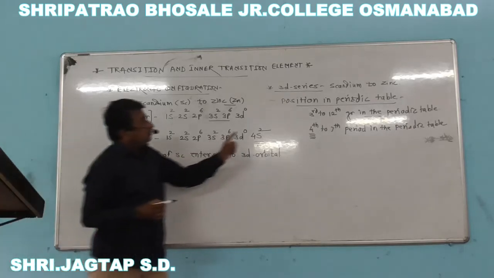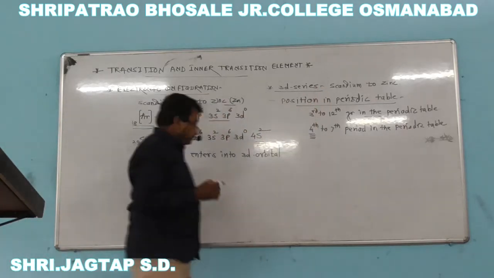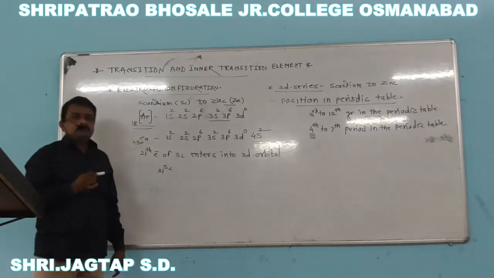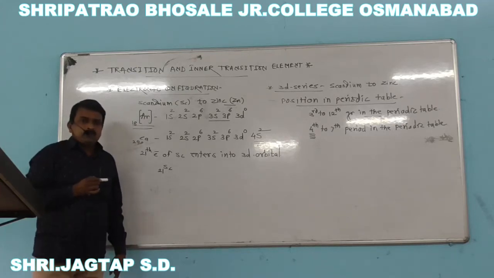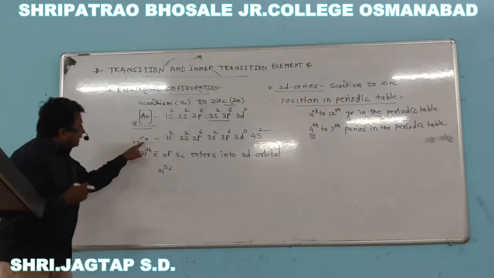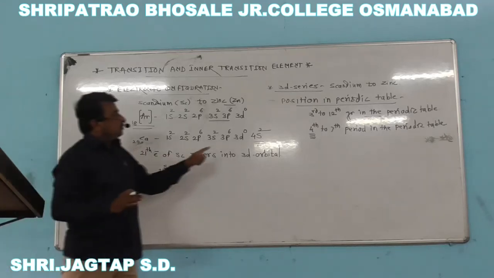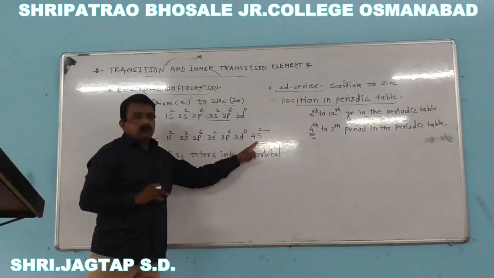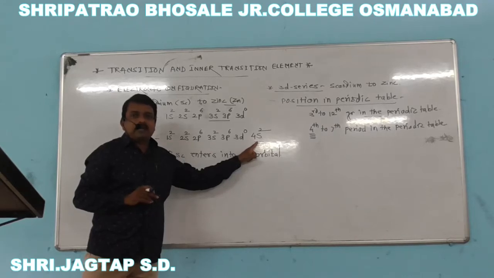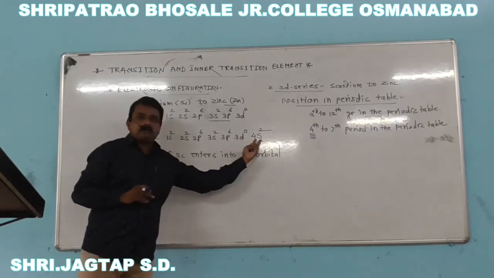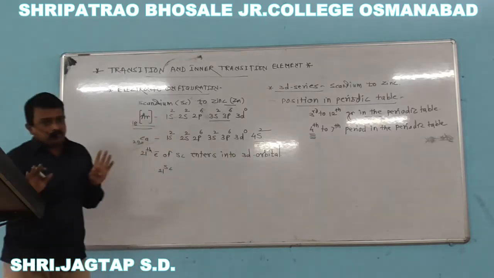The atomic number of scandium is 21. The atomic number of calcium is 20. But since the energy of the 4s orbital is less than that of the 3d orbitals, the last two electrons enter the 4s orbital.